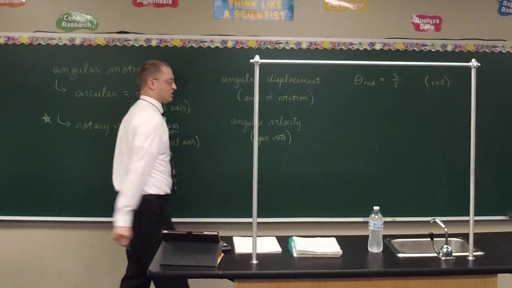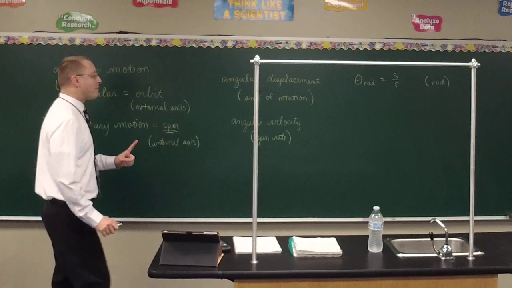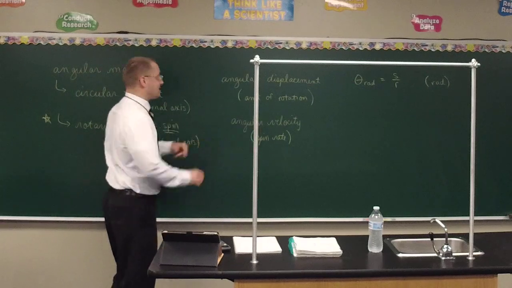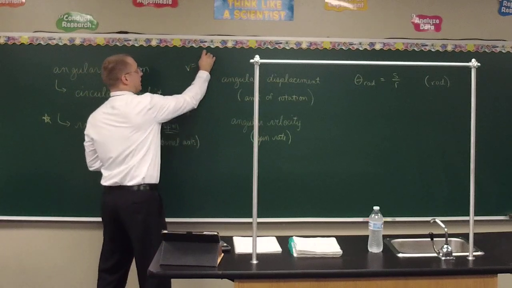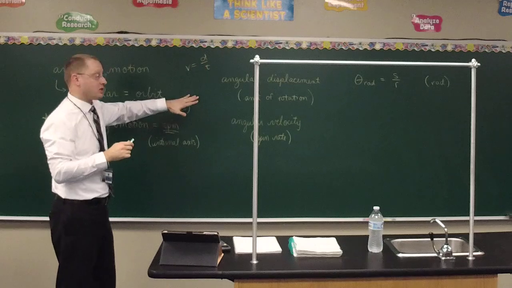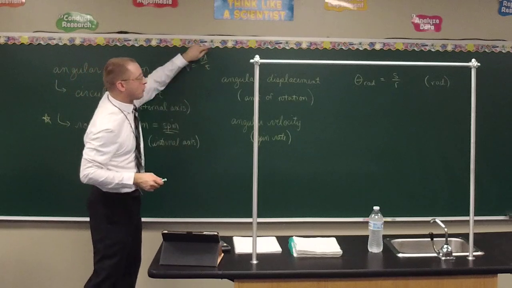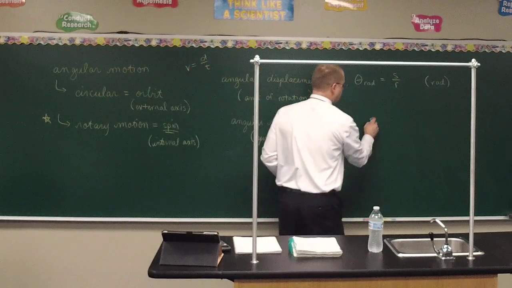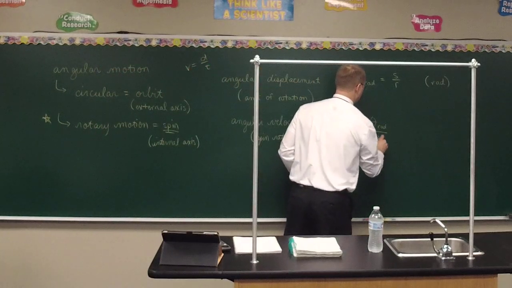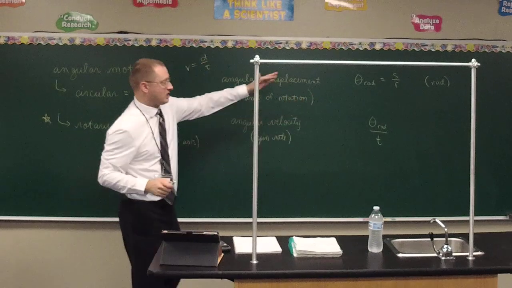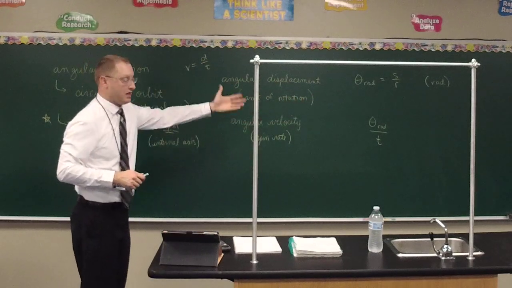How fast is it spinning? Well, remember, for regular velocity, v equals d over t, right? Velocity is displacement per unit time. So angular velocity is going to be angular displacement, or theta rad, over t. Just angular displacement per unit time, the angle of spin divided by time.